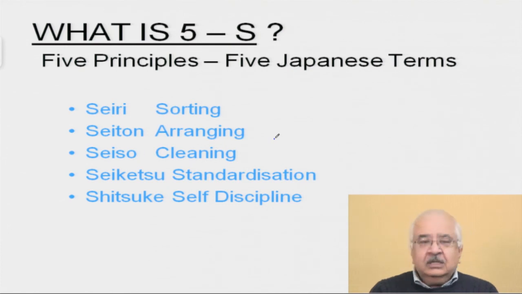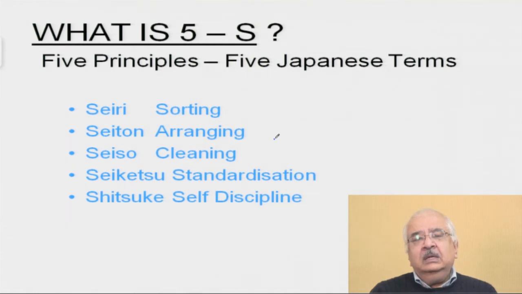I do not necessarily expect you to remember the Japanese terms, but you should be able to remember the English terms, which sometimes people have also reworded to make them also start with S. The 5 S's are Seri, which stands for sorting; Seiton, which is arranging, and some people say set in place.